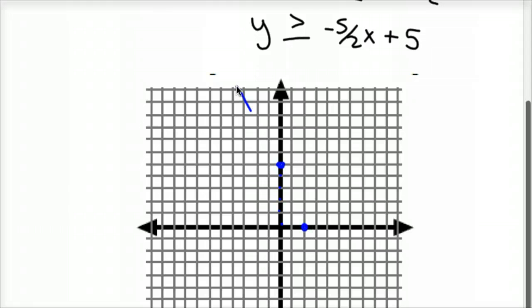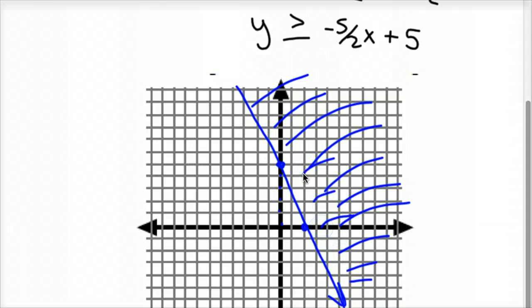And this time it would be a solid line, and the circles are filled in because those are true. And greater than is anything above that line again. You have to think of driving a car up a hill. The car side is the greater than side. Underneath the car, it's the less than side. So all these points are true.